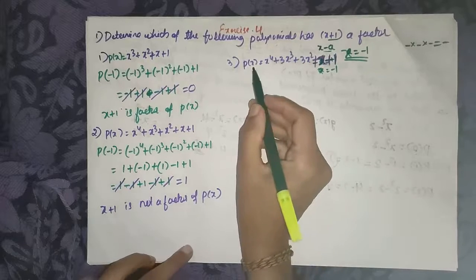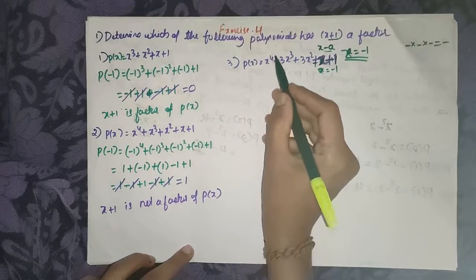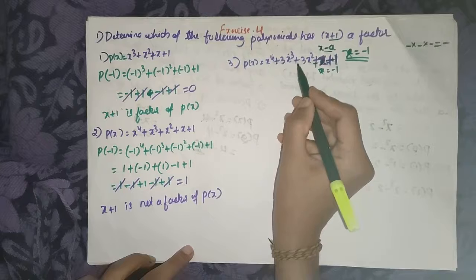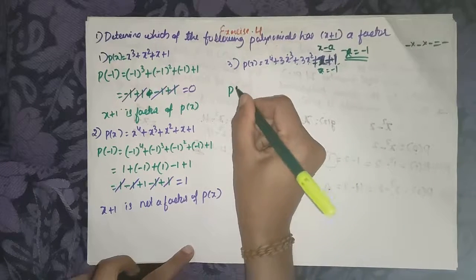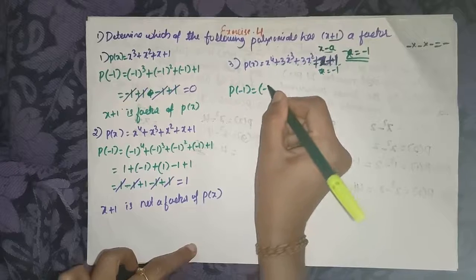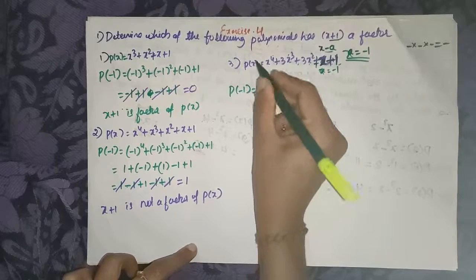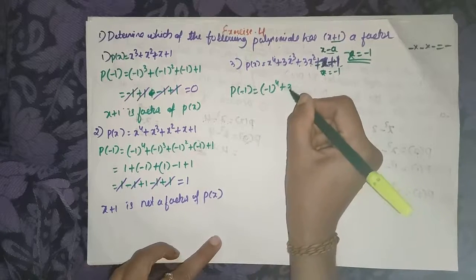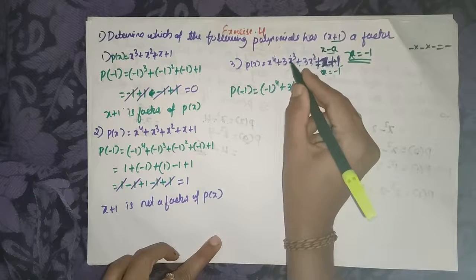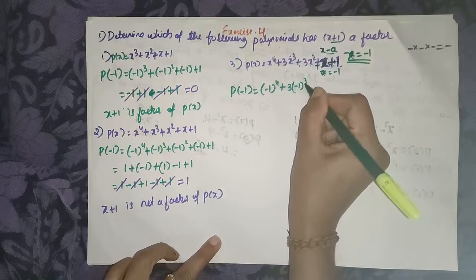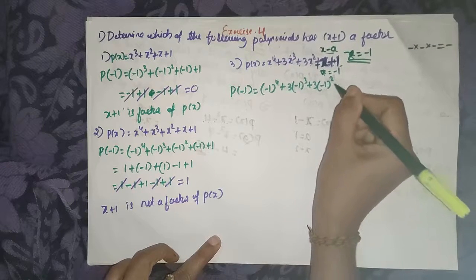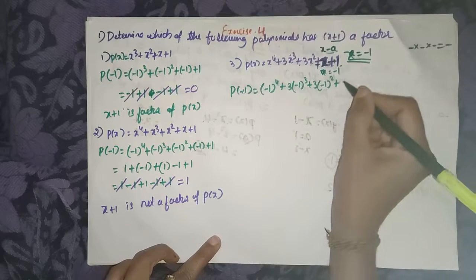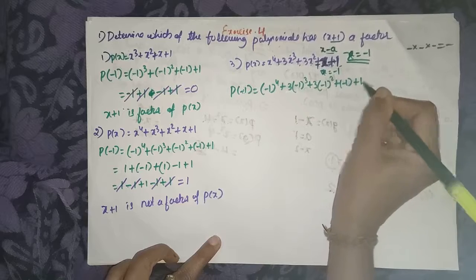Then the third question is, so here p of x is equal to x to the power of 4 plus 3x cube plus 3x square plus x plus 1. So p of minus 1: substitute x equals minus 1. 3 into x cube, that is minus 1 cube, plus 3 into x square is minus 1 square, plus x is minus 1, plus 1.